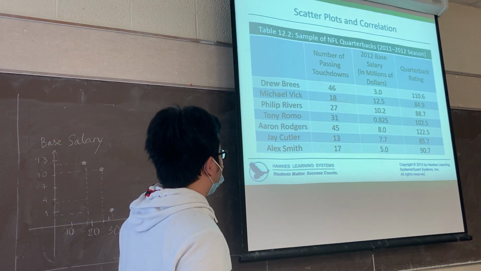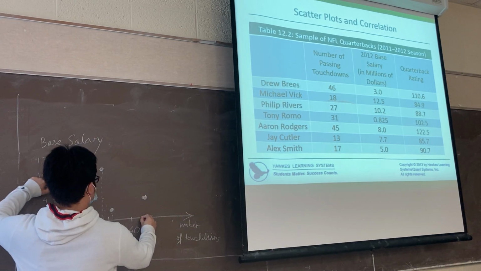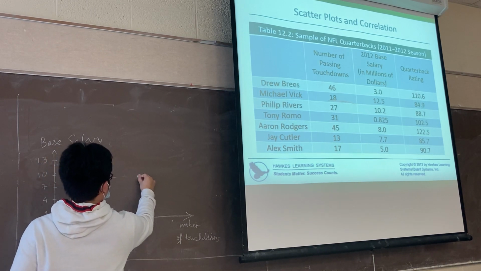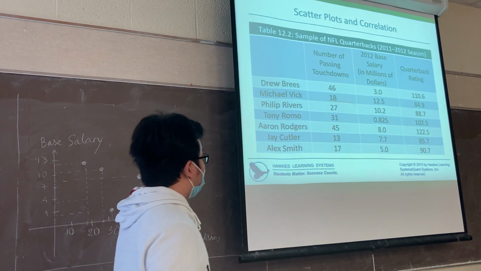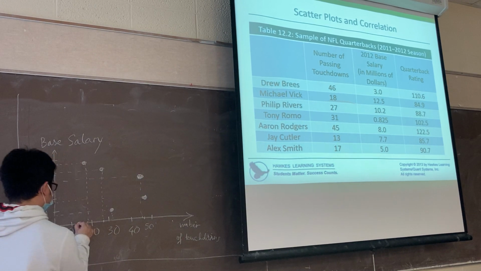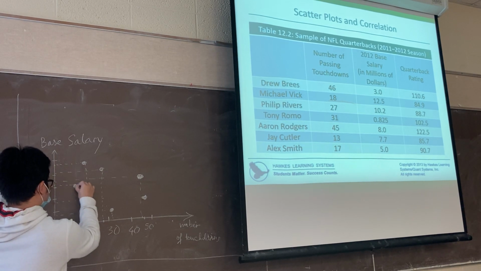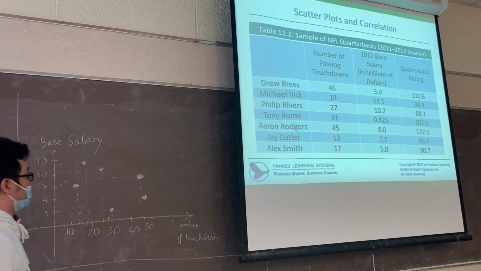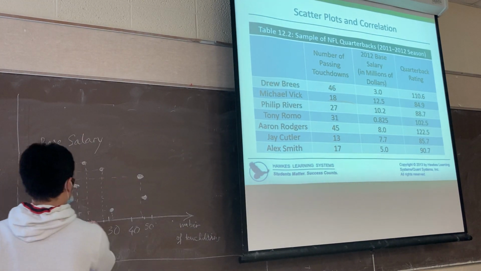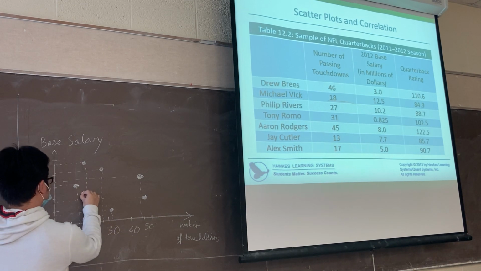Okay. And 45, 8. 45 here and 8 here. Okay, we have this value here. And 13, 7.7. 13, so this should be like this here. And 7.7 here. Okay, we have some values. And 17 and 5. Okay, so it's like this.